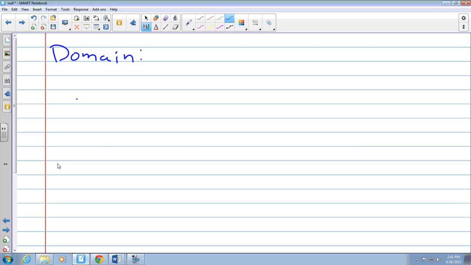It's the division by 0. That's a big no-no. And it's taking square roots of negative numbers. That's another no-no. For the domain, we want the function to produce real answers. Division by 0 is not real, and square roots of negatives is not real either. So look for those two areas.